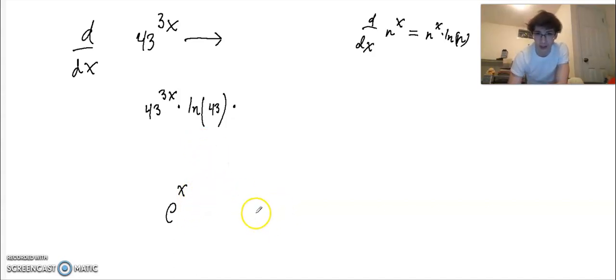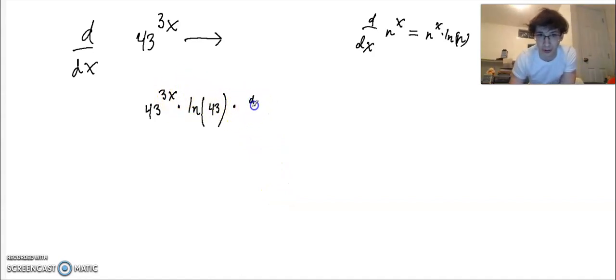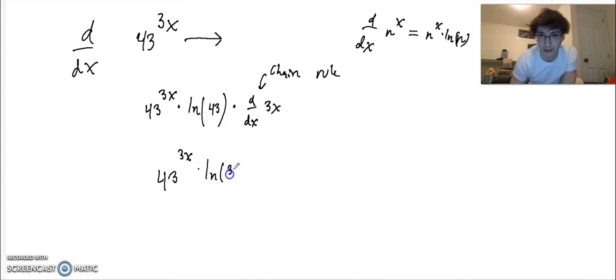It would be e to the x times d dx of x, and this is just 1, so we don't really worry about that. But we don't have a regular x on top, we have 3x, so we multiply by the derivative. It's a little bit of chain rule right here, and you get 43 to the 3x times natural log of 43 times 3.